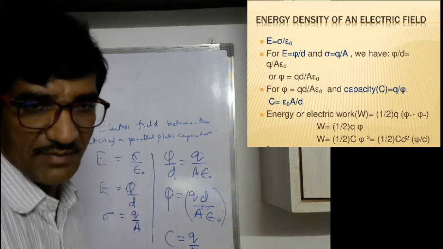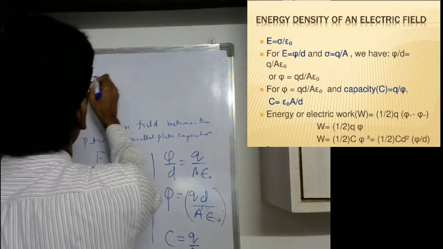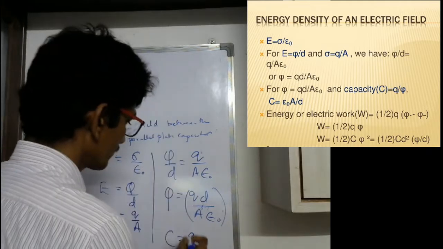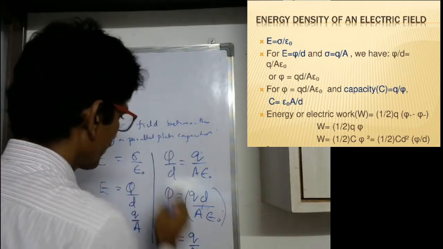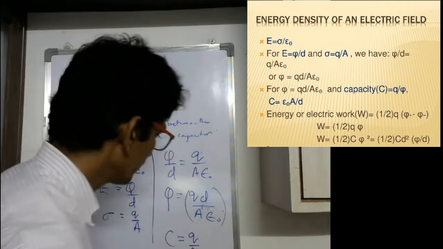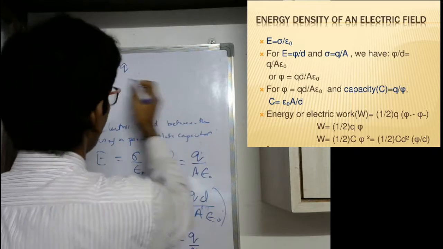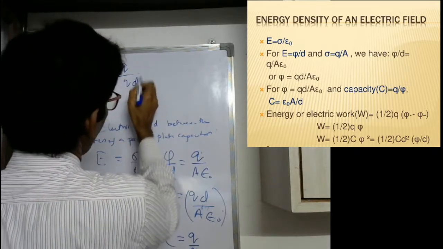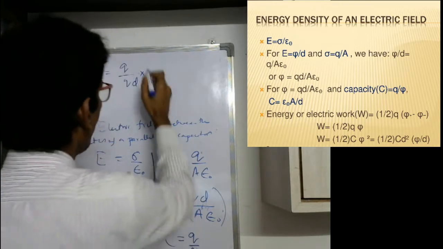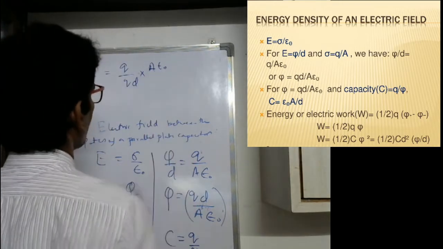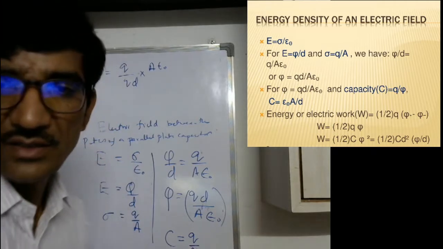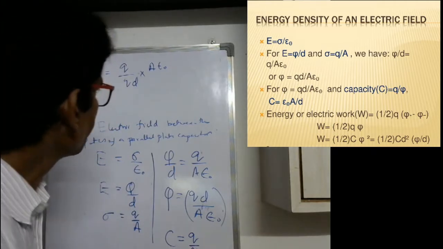Then C is equal to Q by phi, that means Q divided by QD by A epsilon naught. So how much are you getting for C?